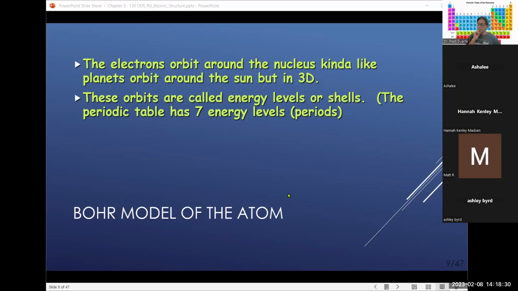Now, one interesting aspect about the groups: if you look at the periodic table behind me, at group 1A under hydrogen, they all have in common one valence electron in their outermost shell. And all of them react very similarly. That's why they're placed in that group. They react similarly because they all have one valence electron.